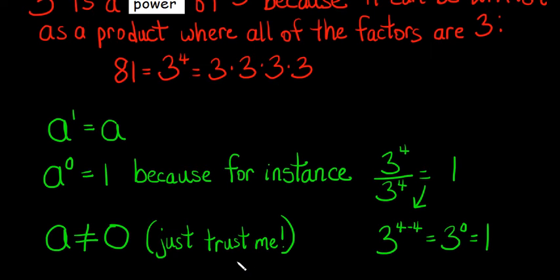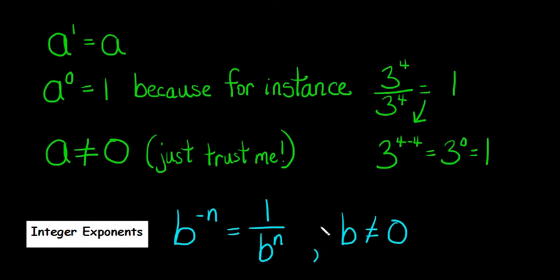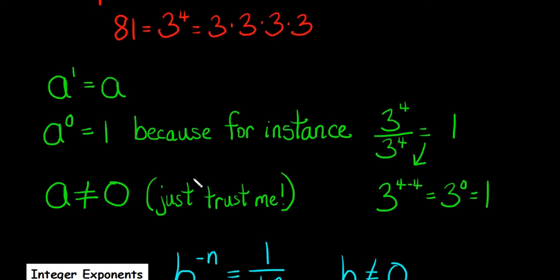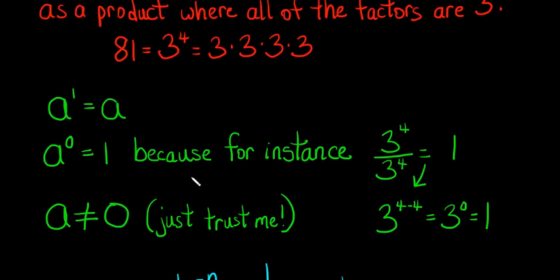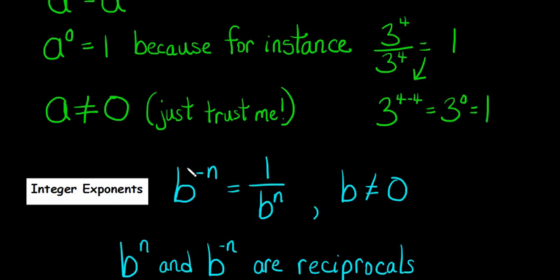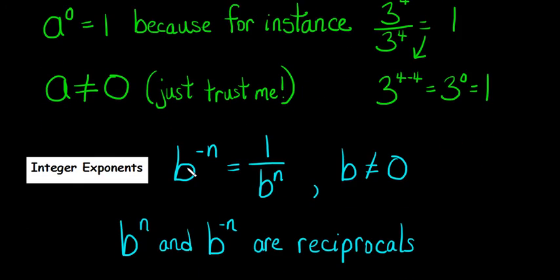All right, so now we've been talking about whole numbers. Whole numbers are 0, 1, 2, 3, 4, 5, 6, 7. But what about integers? Remember, integers include those negative numbers. So if you have a number to the negative power, it's the same as saying 1 over the number to the non-negative power.